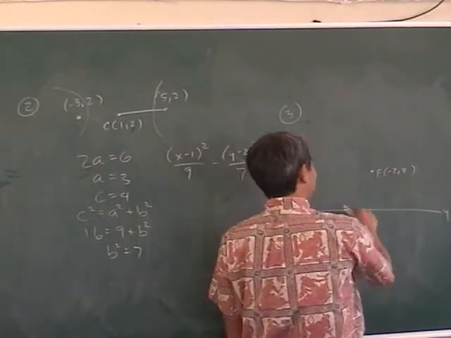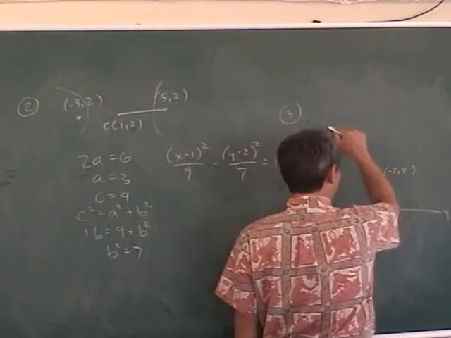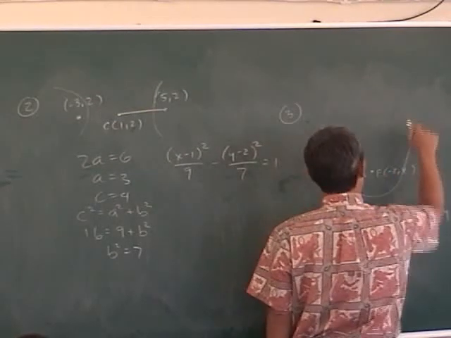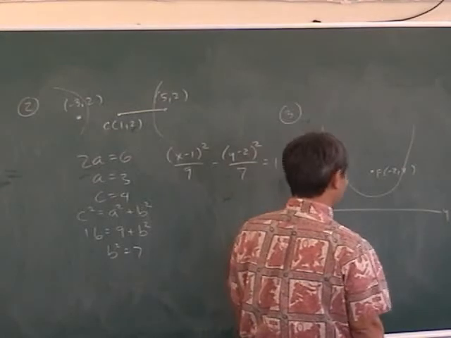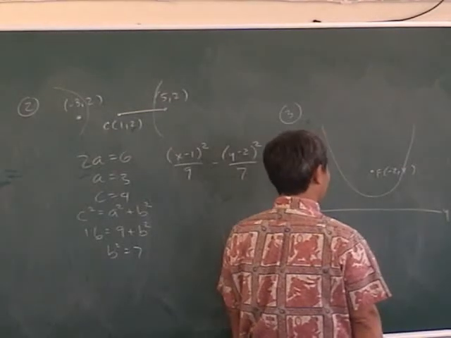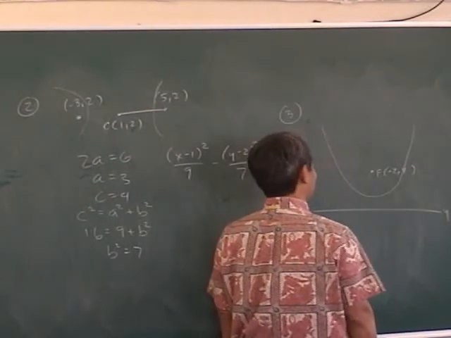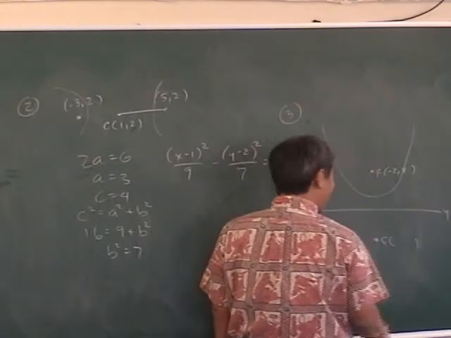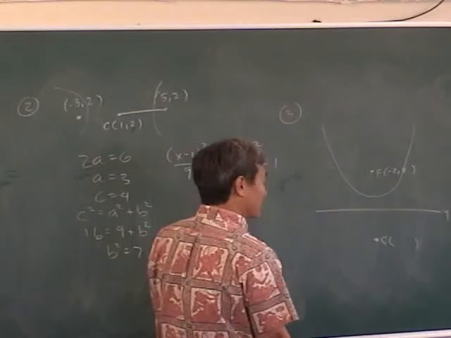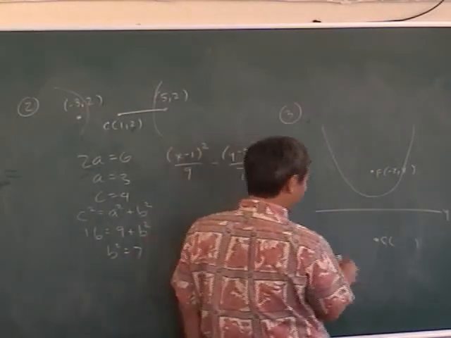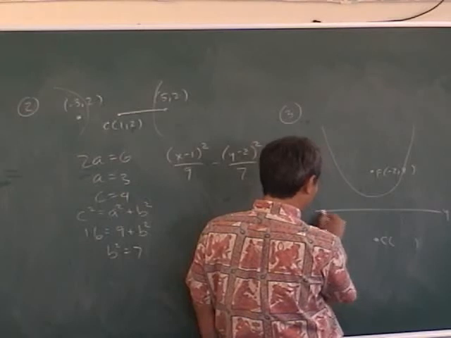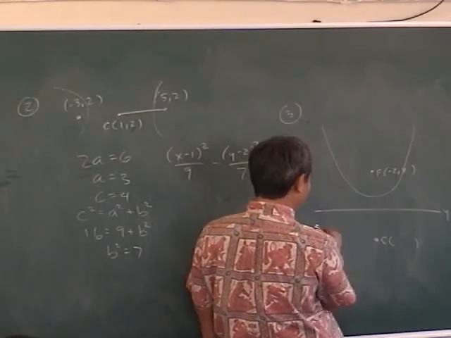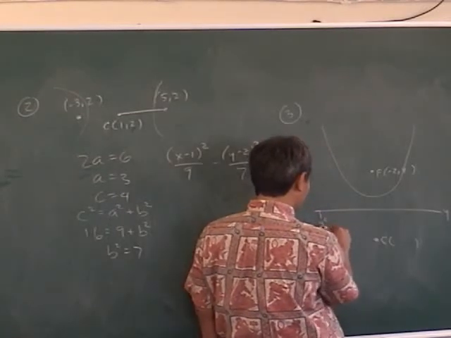So, if this is a hyperbola, you've got to remember this is a hyperbola now. That's one branch. Where is the center going to be? Well, we don't know, but it's down here somewhere. If you can figure out where the center is, that's pretty much the whole problem. Now, in a hyperbola, what's the distance from the center to the directrix? a squared over c.